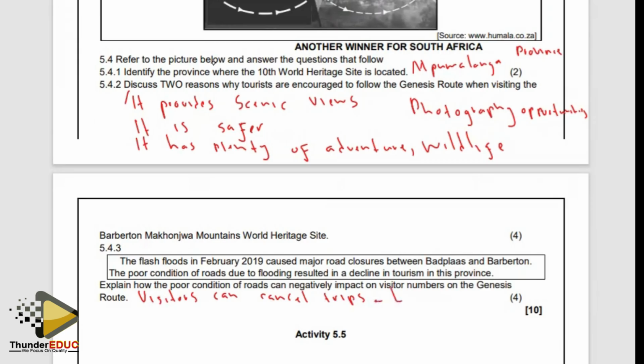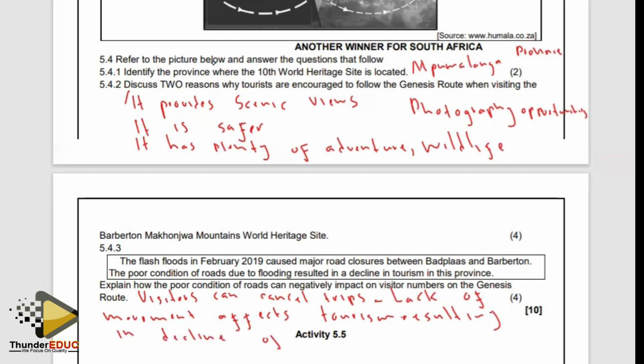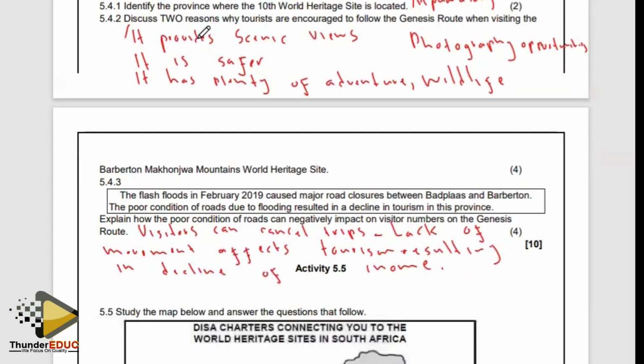Then lack of accessibility and movement affects tourism, resulting in a decline of income. So these are some of the things which can happen if the roads are affected.